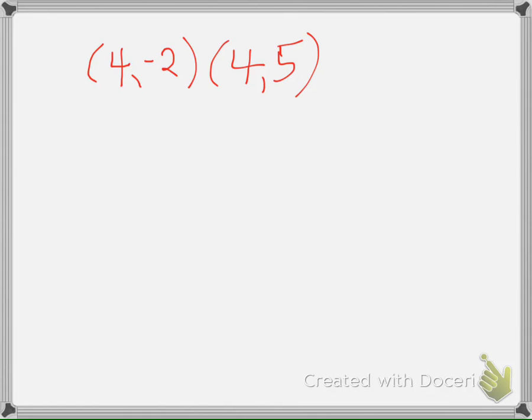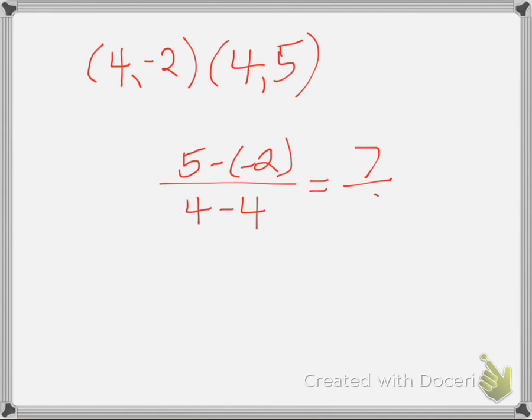How would I find the slope between these 2 points? Josie? 5 minus -2 over 4 minus 4. So 5 minus -2 is 7. And 4 minus 4 is? 0. And 7 divided by 0 is?